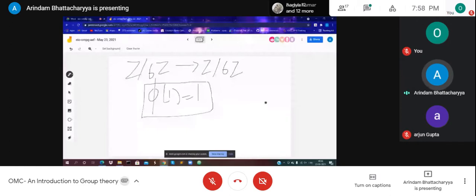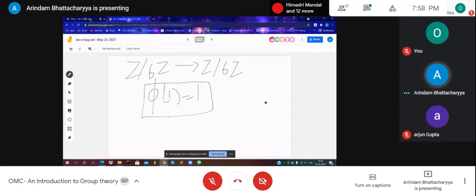So can everyone see why the answer is phi of n, the Euler totient phi? We will try to prove it. I think we can prove it by primitive roots maybe.